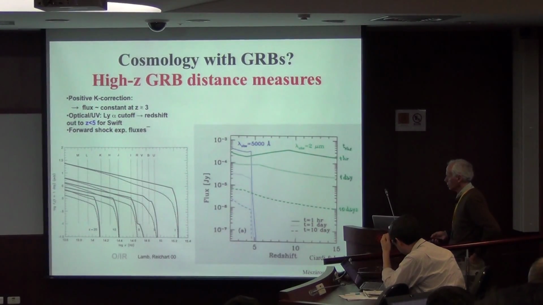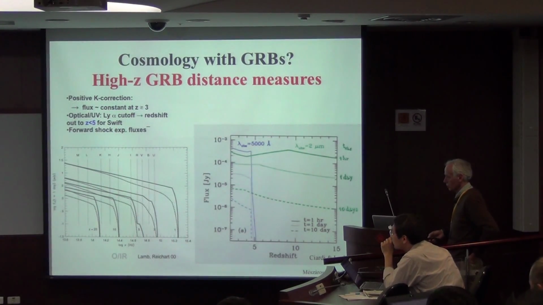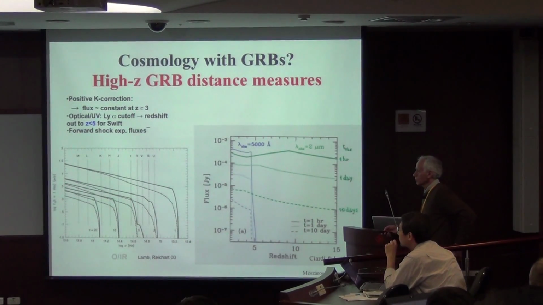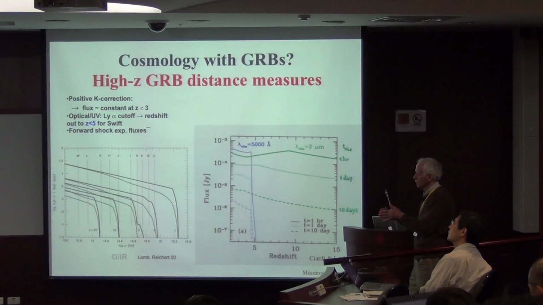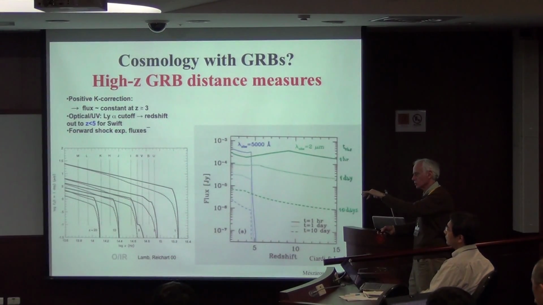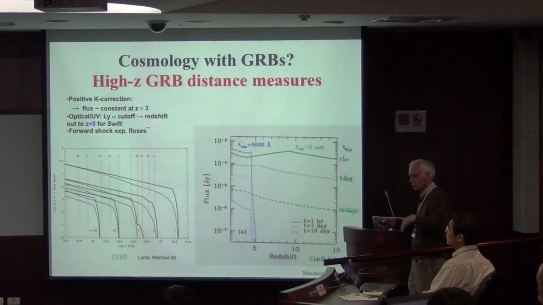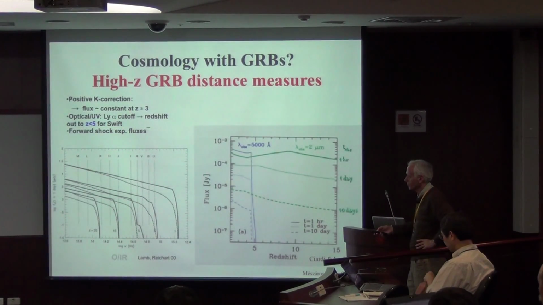That's as far as how the spectrum looks. As far as the flux, it turns out that there is a positive K correction of the luminosity. The spectrum is a parabola, and as you go to higher redshifts, you're observing lower frequencies, and at lower frequencies the flux is higher.